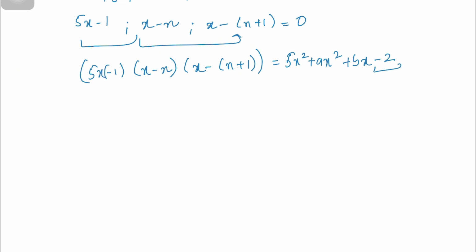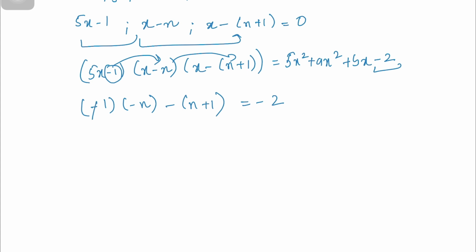So this negative 1 would be multiplied by negative n and then by negative (n plus 1) to get the constant, and this would give us our answer as negative 2.